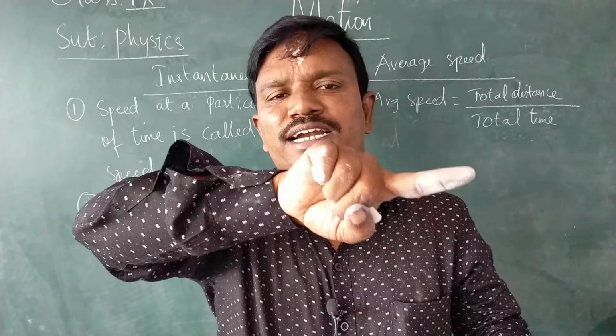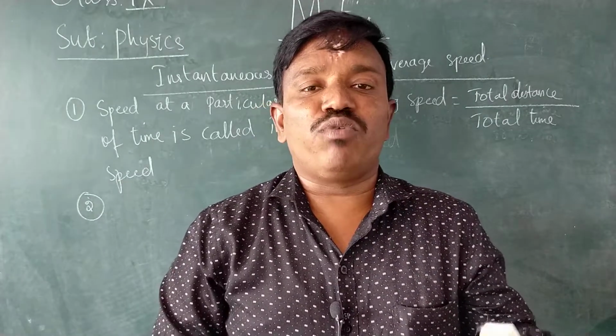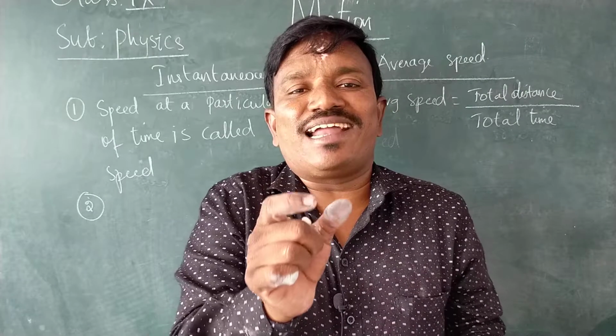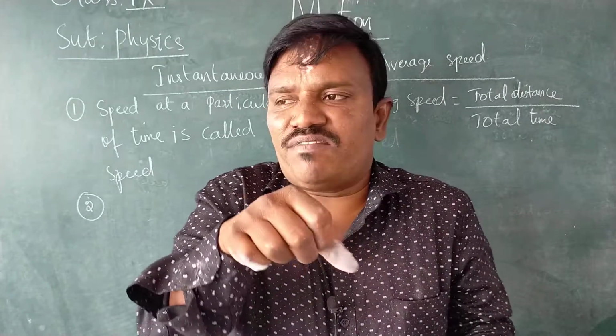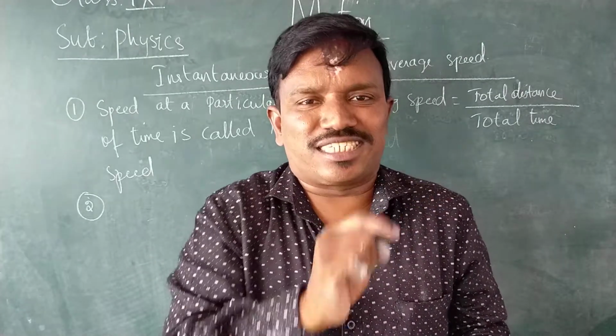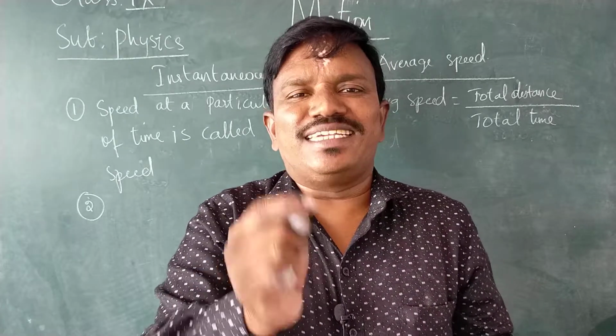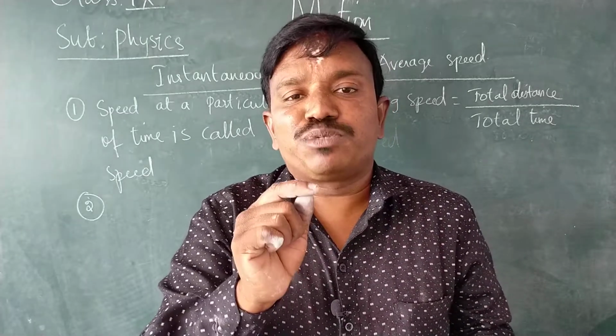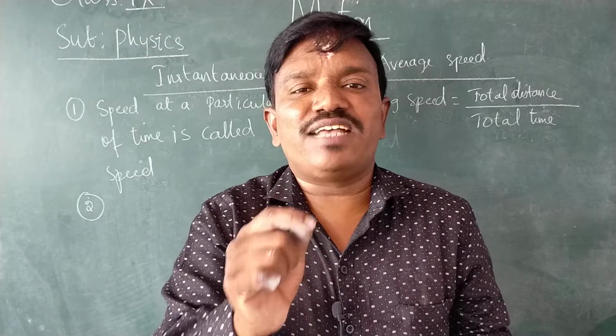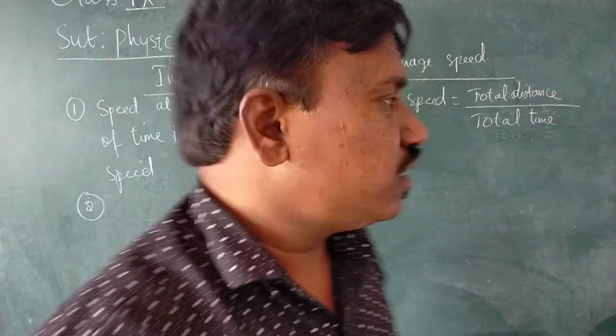That speed is calculated only at a particular interval of time. Again, when you apply the brakes, it comes to rest or decreases. Therefore, a speedometer is a device which is used to measure instantaneous speed.